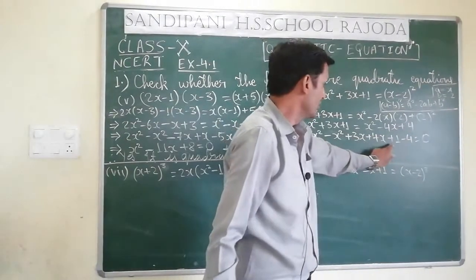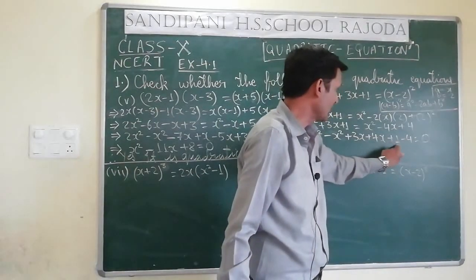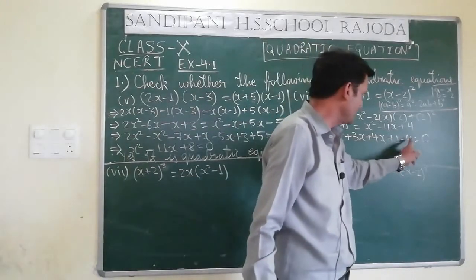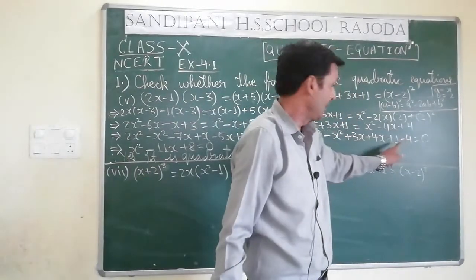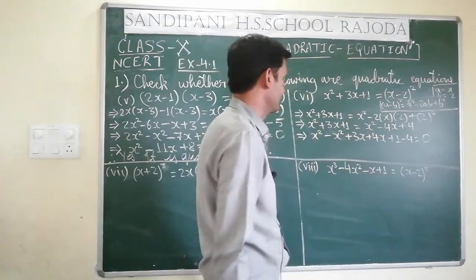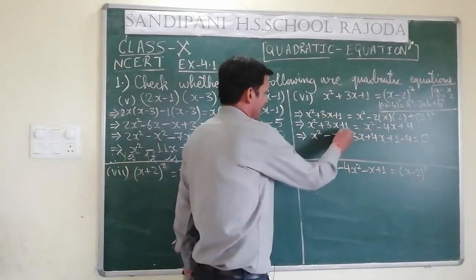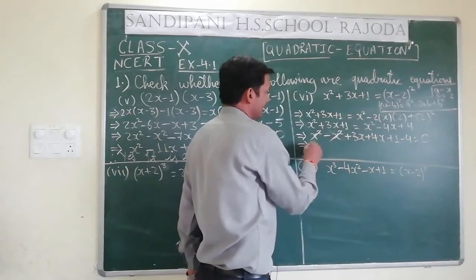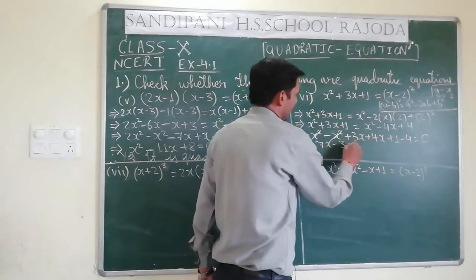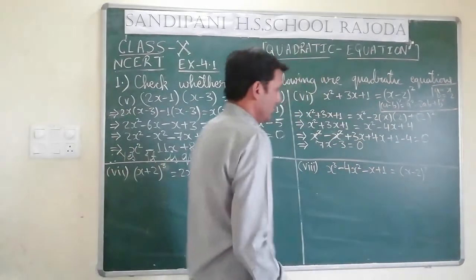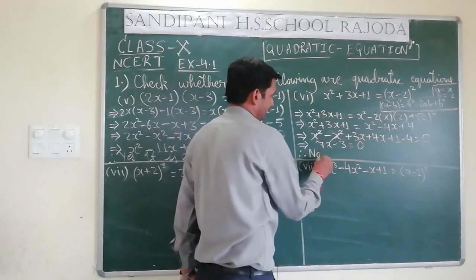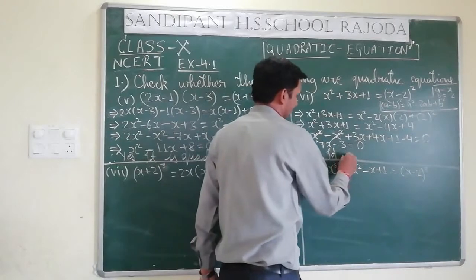Now 1 minus 4, it is positive 1 and it is negative 4. So it will be minus 3, because the bigger digit is having a minus sign, and two different signs are there, which means we will have to subtract the digits. Now x square is cancelled, so it implies that it will be 7x minus 3 is equal to 0. Therefore, no, it is not a quadratic equation.